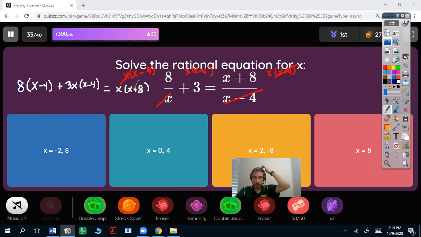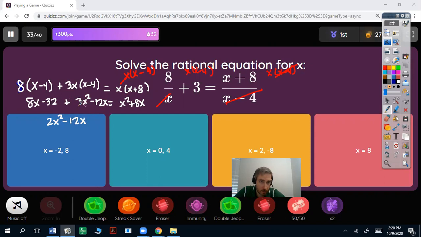Now this ends up being a quadratic when you work that out. So it's going to be 8x minus 32 plus 3x squared minus 12x equals x squared plus 8x. And if I get that equal to 0, combine like terms, subtract the x squared, subtract the 8x. Oh, that should be an x there. You're going to end up getting 2x squared, those cancel out, minus 12x.